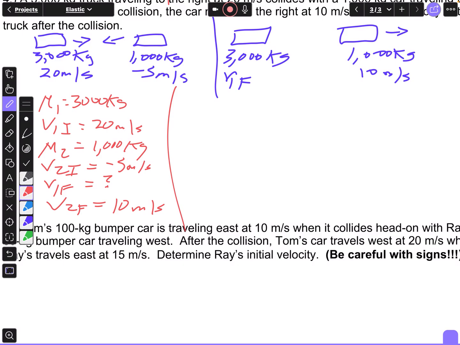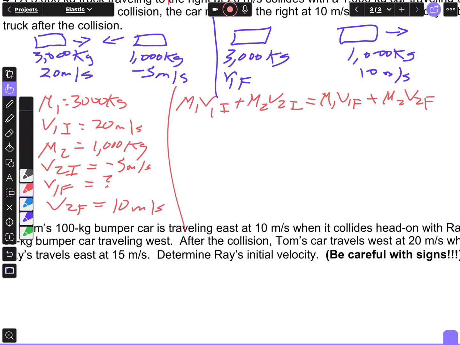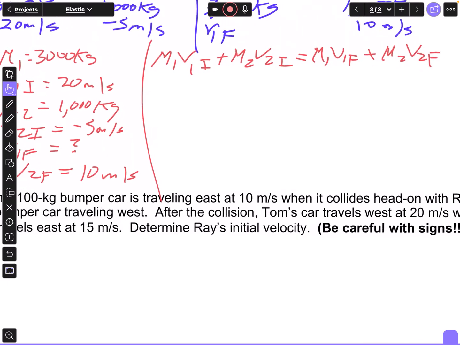So my equation is M1 V1I plus M2 V2I equals M1 V1F plus M2 V2F. Alright, so I'm going to substitute and solve.